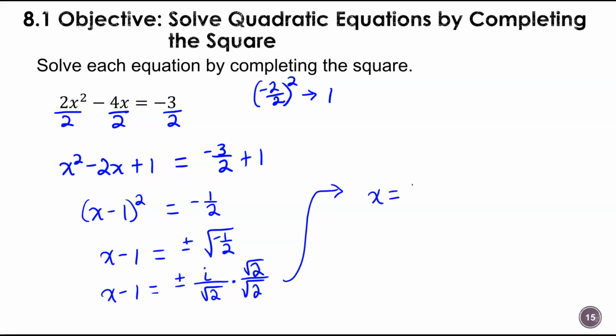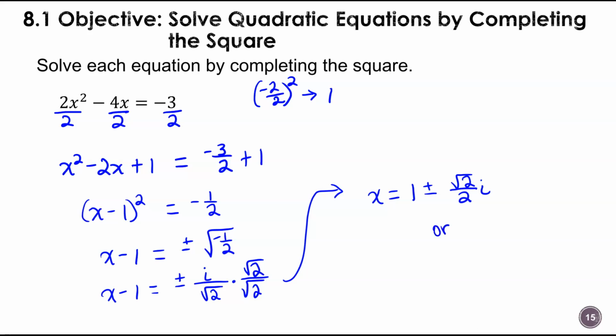Solving for x, we would add the 1 and write that in front of our plus minus. And so that's going to be the square root of 2 over 2, and then we write the i out beside it. If you wrote the i in front of the radical, that's fine.